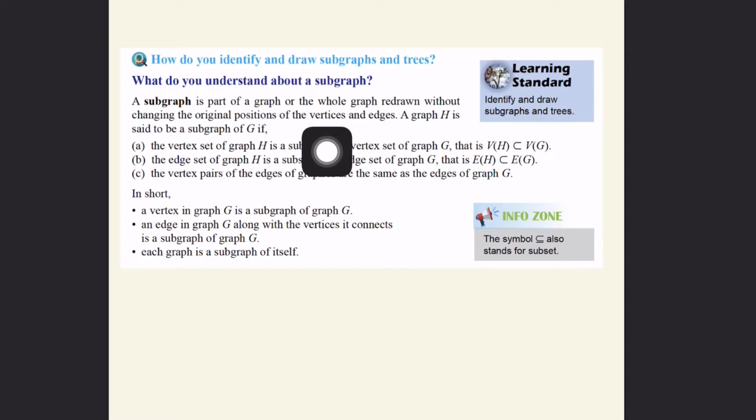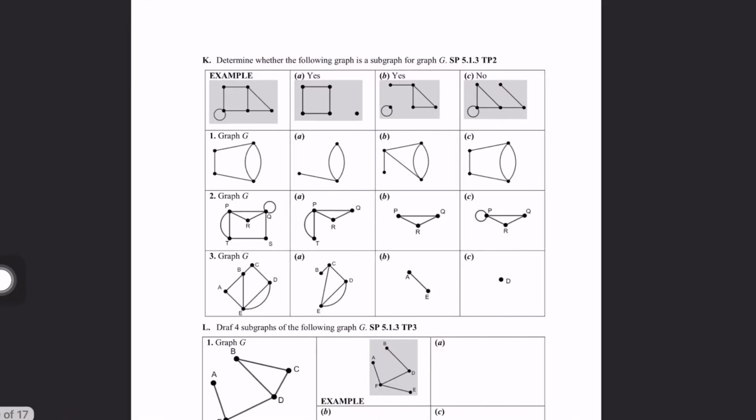A graph H is said to be a subgraph of G if the vertex set of graph H is a subset of the vertex set of graph G, the edge set of graph H is a subset of the edge set of graph G, and the vertex pairs of the edges of graph H are the same as the edges of graph G. In short, a vertex in graph G is a subgraph of graph G, an edge in graph G along with the vertices it connects is a subgraph of graph G, and each graph is a subgraph of itself.